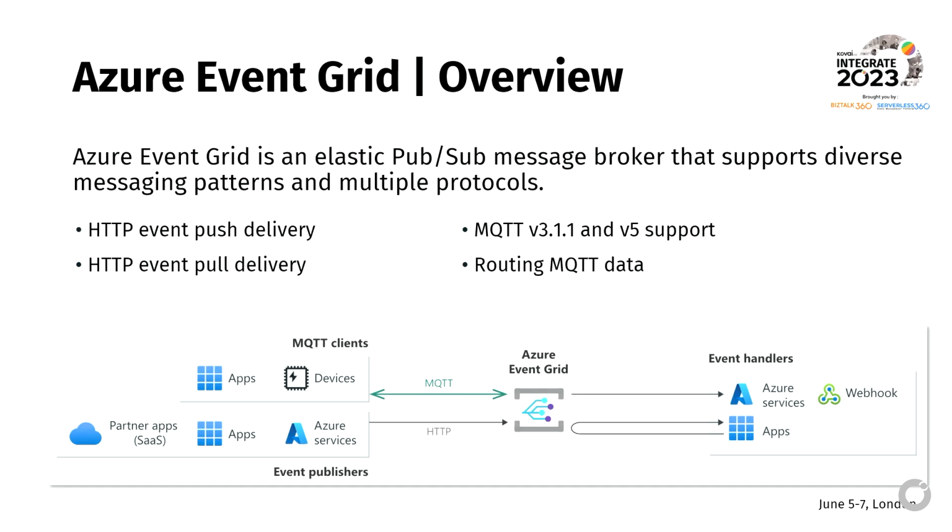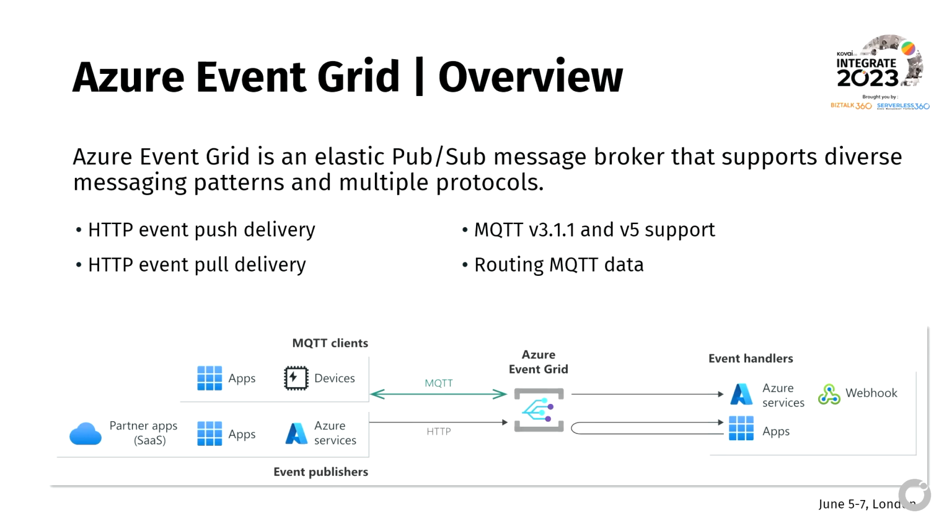However, in our recent public preview just 2 weeks ago in Build, we announced that Event Grid is evolving to be this hyper-scalable, elastic broker that now supports more diverse messaging patterns and multiple protocols.